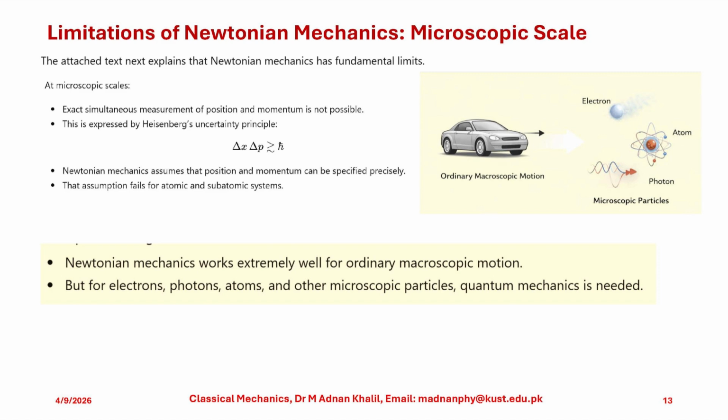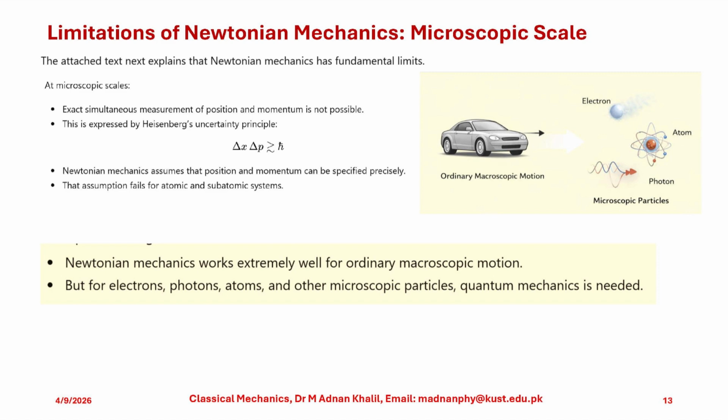Newtonian mechanics assumes that a particle has a precisely known position and precisely known momentum at the same time. This assumption works well for macroscopic bodies such as cars, balls and planets, but for microscopic particles this classical picture breaks down.